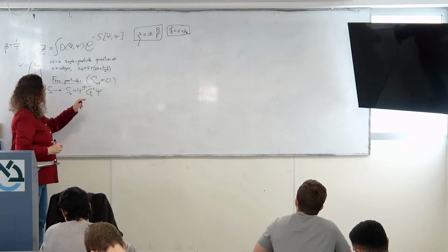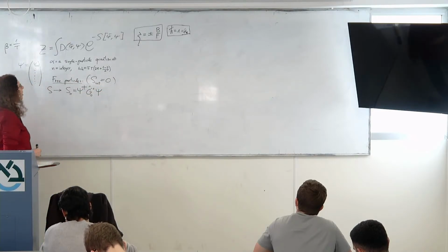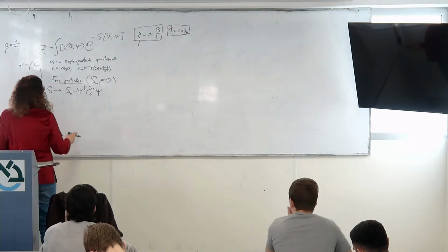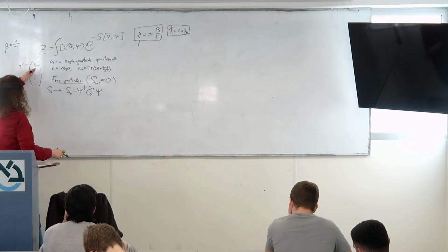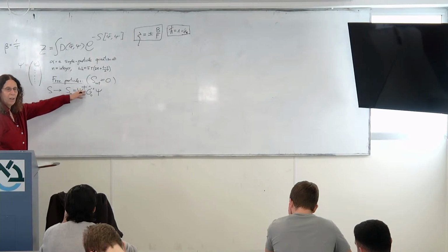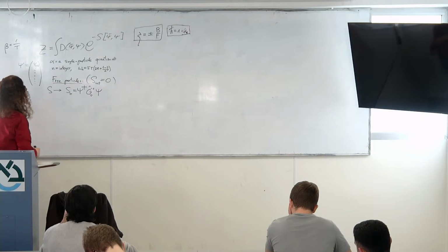So G naught is a matrix, and psi is this vector, psi bar is the row vector with psi bars, etc.